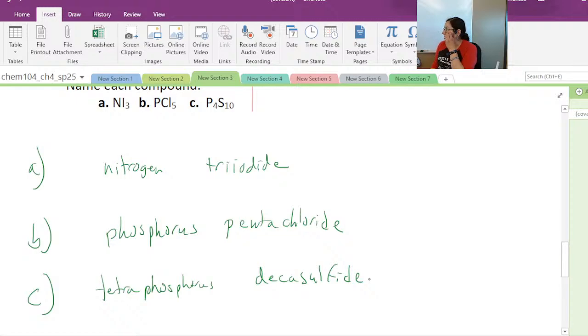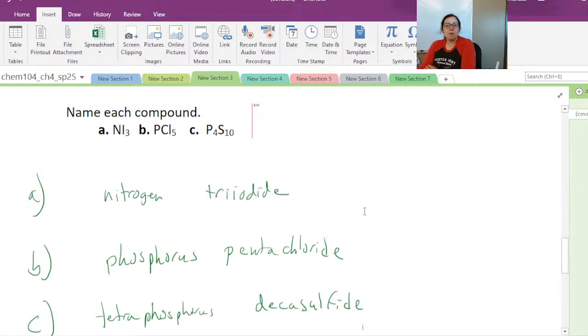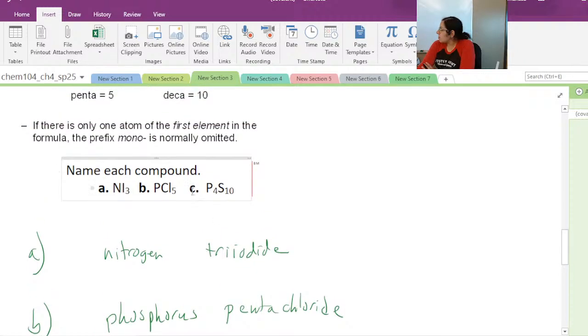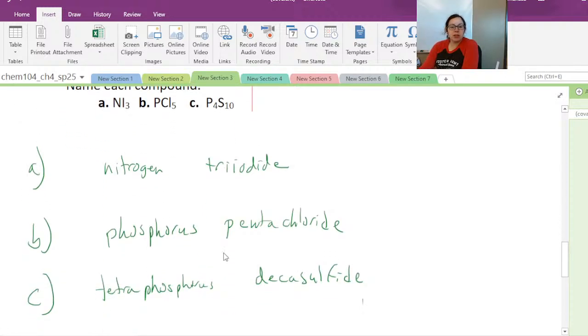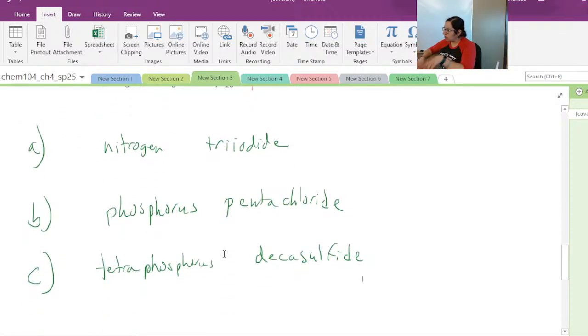Questions on those? And then for our purposes, we're only going to be naming these binary complexes, with 2 different elements. Obviously, covalent compounds can get pretty complex. We could go into drugs and so on, and everything has special names. That's more for OCHEM.